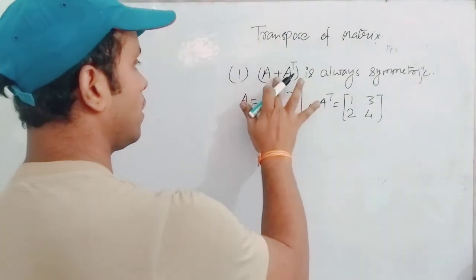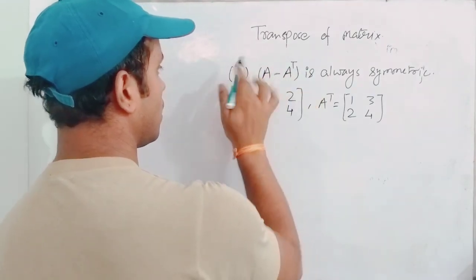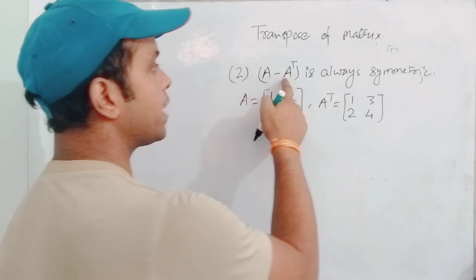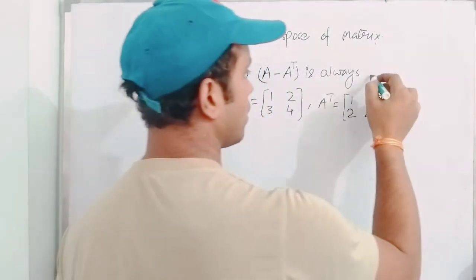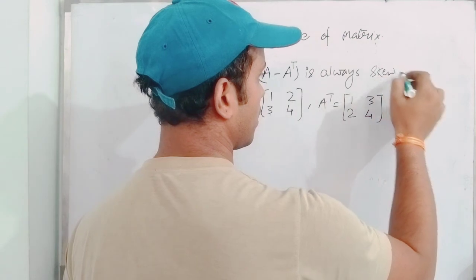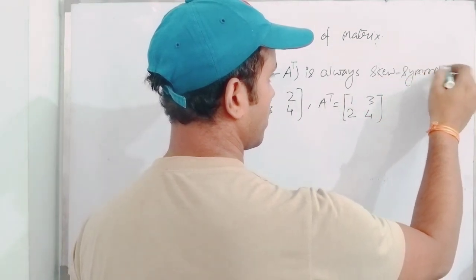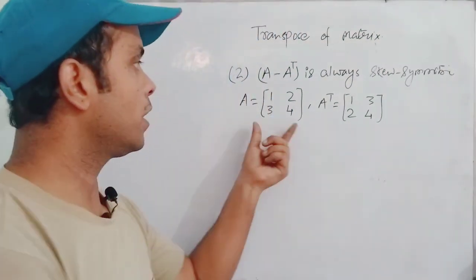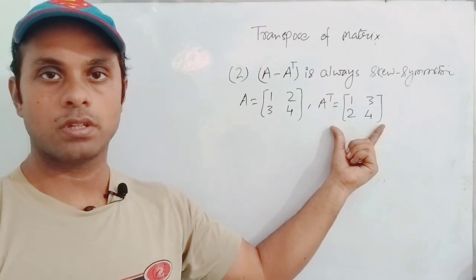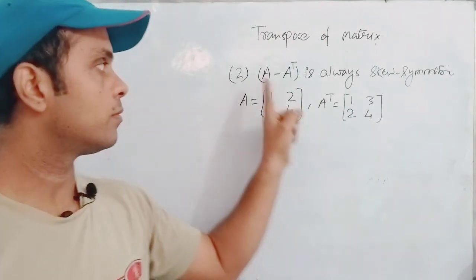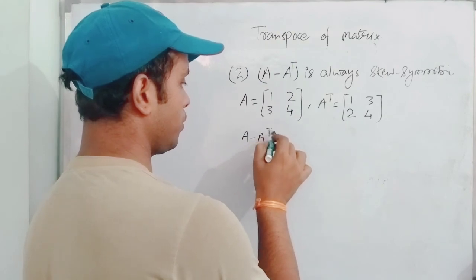Second, A minus A transpose is always skew-symmetric. So if A is the matrix 1, 2, 3, 4, find its A transpose first, and then you subtract them.